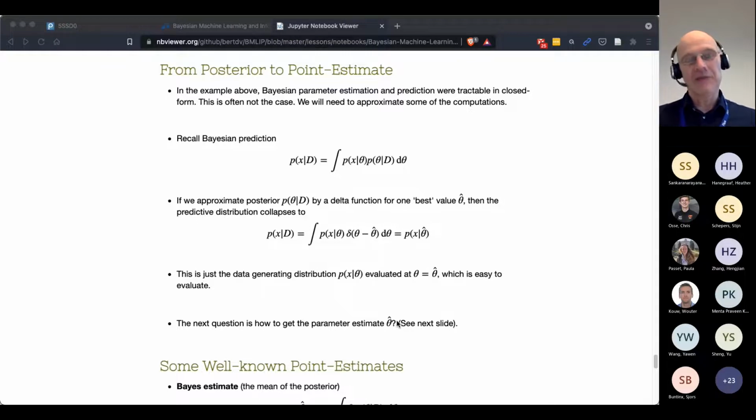But the essence of going from posterior to point estimate is that, indeed, if you have a lot of data, then in some sense the likelihood will become more important than the prior, because the prior is fixed, and you get more and more evidence about the behavior from the data set.